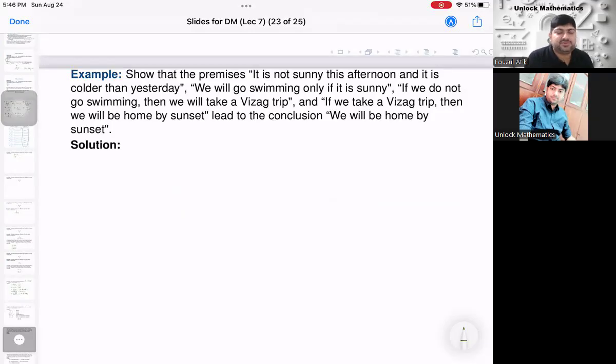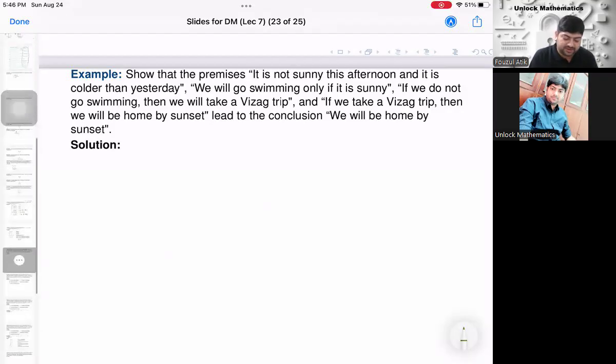Because you have so many compound propositions and they are also in English sentences, to get the conclusion you have to apply so many rules. To deal with that, you should represent each of the sentences by some variable, so that it will be easy for you to deal with.